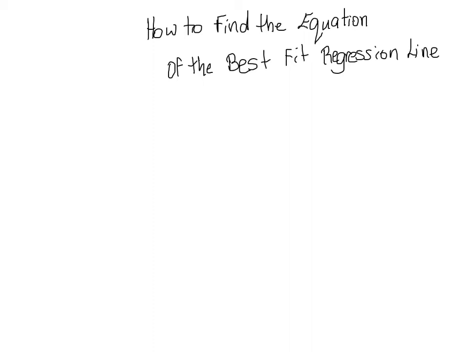So the formula that we're going to use is y minus the average of y is equal to sxy over sx squared times x minus the average of x. So in order to do this, we need to know what we're plugging in here. So y with the line over it, y bar, that means the average of y.